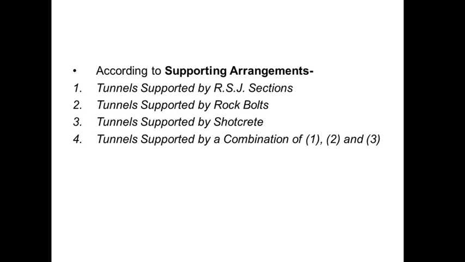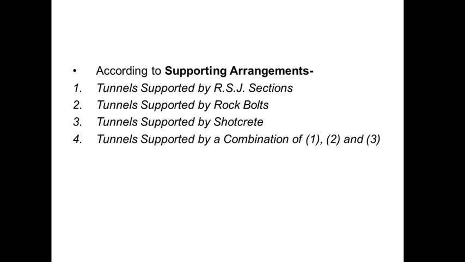Next, tunnel supported by rock bolts. When we use rock bolts, first we excavate a hole inside the rock, then insert the bolt and fix it. That is the rock bolt process: first excavation and fixing of the bolts.